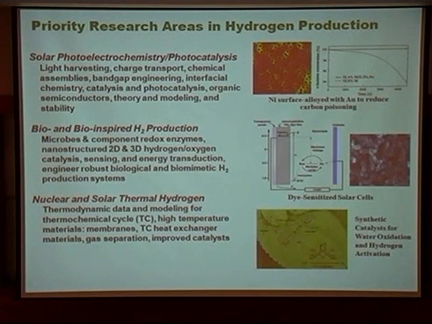Again, this is to look at the redox reactions that are in the cell itself. Nuclear and solar thermal hydrogen, again, this is really a way to harness that waste heat. Okay, when you get out of a nuclear reactor, okay, that you see running up and down our lakes out here, they are actually putting a lot of energy into the water.